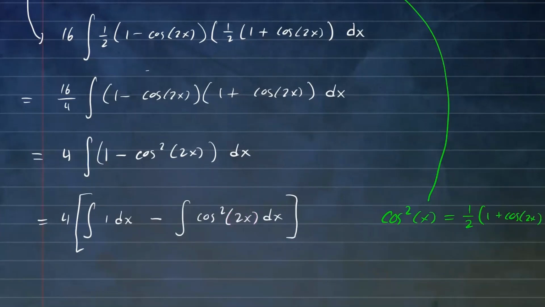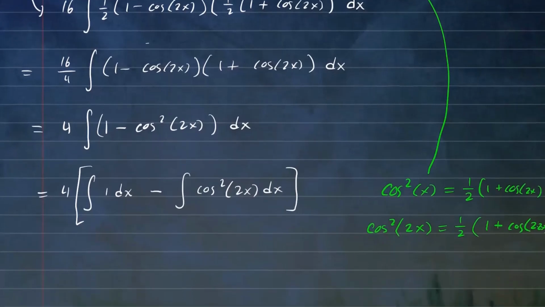So cosine squared of 2x is going to be 1/2 (1 plus cosine of 2 times 2x), so it becomes 4x. Rewritten nicely, this is 1/2 (1 plus cosine of 4x). That's what we're going to replace right here.